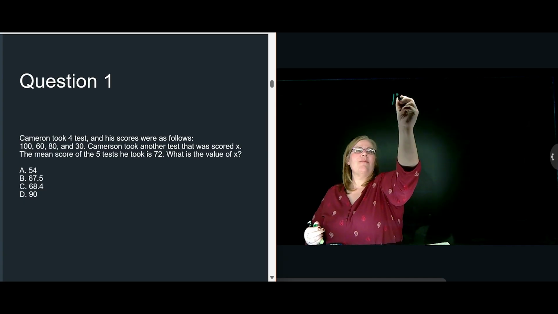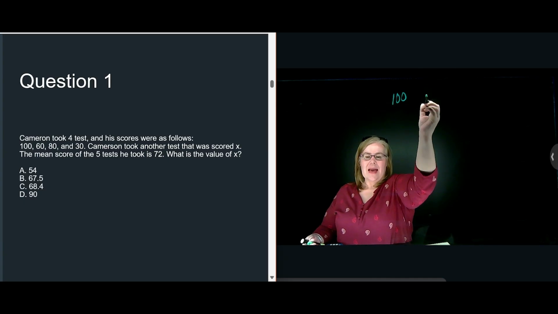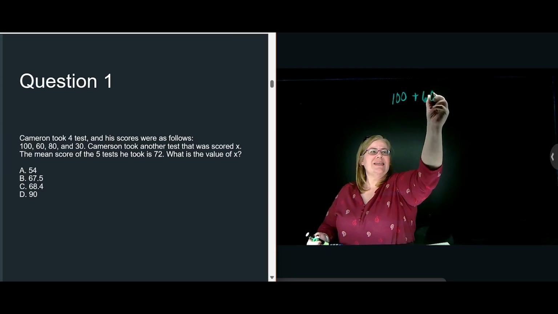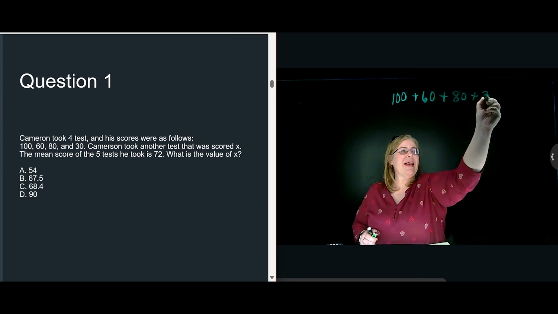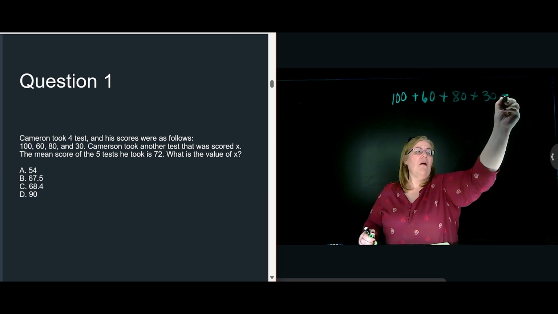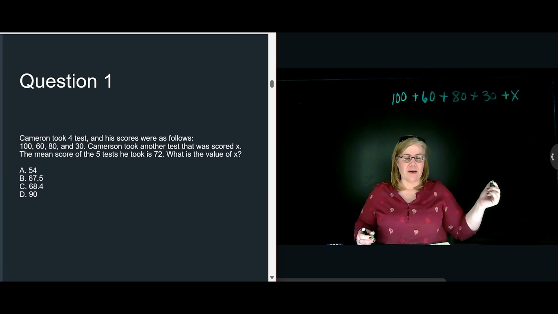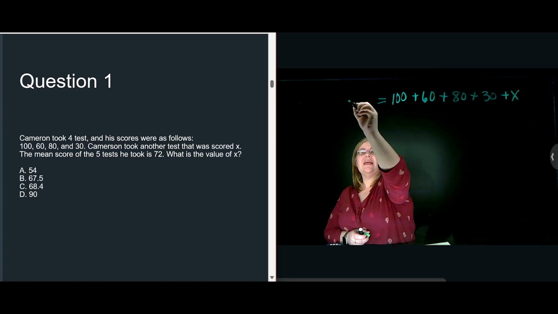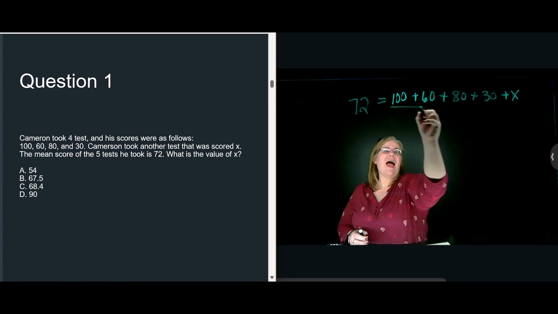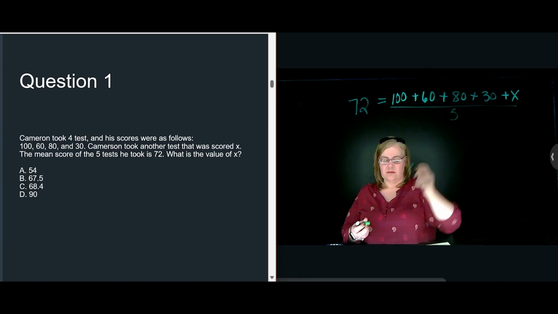So I know that he made a 100. He also made a 60, and he made an 80, and he made a 30, along with the one we don't know. And his mean is 72 after we do all that division.